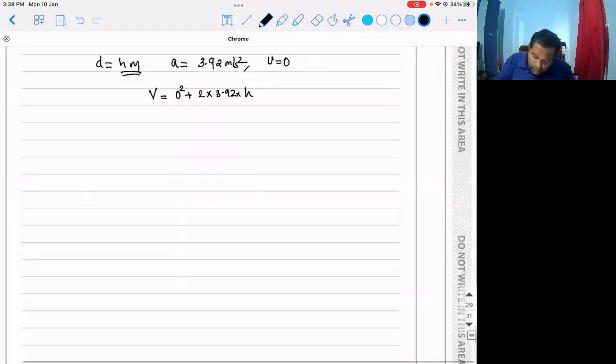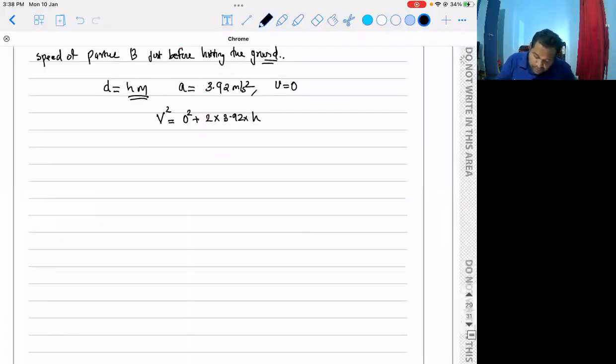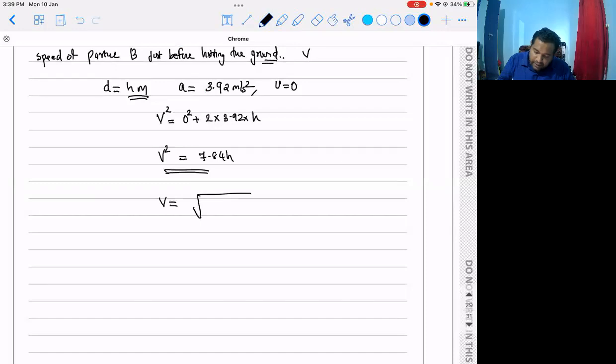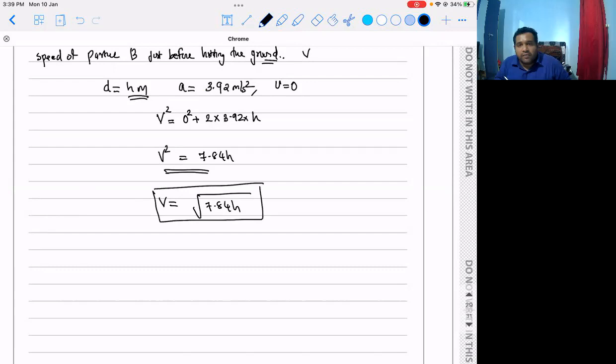So v squared is 2 times 3.92, that is 7.84 h. Therefore, v is root of 7.84 h. This is the speed of particle B just before hitting the ground.